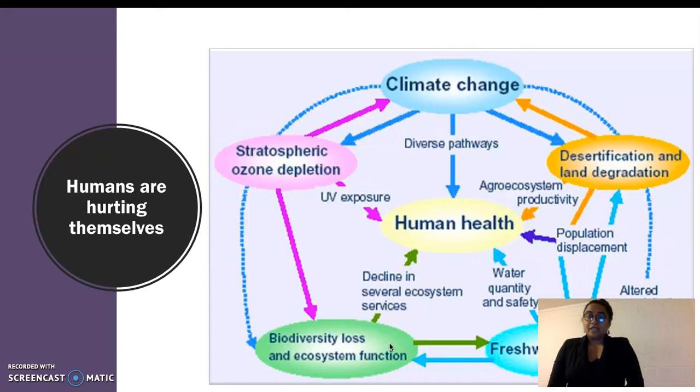Due to altered precipitation, there's population displacement because there's not enough water for that population to survive. Freshwater decline means biodiversity loss and ecosystem function decline, which means a decline in ecosystem services. Because of climate change, there is stratospheric ozone depletion, which means more exposure to UV, which ultimately, if you notice, all of those arrows point to human health.